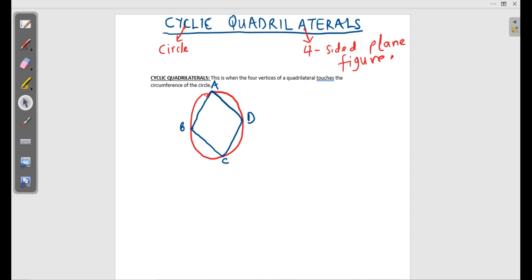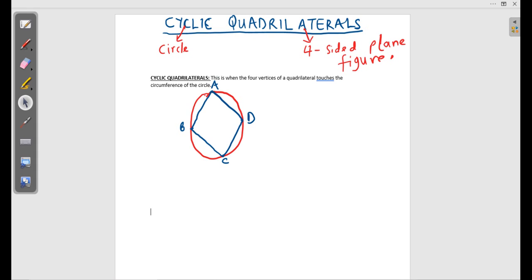So therefore, you can conclude that this is a cyclic quadrilateral. So a cyclic quadrilateral is when the vertices of the four-sided shape touch the circumference of the circle. And under the cyclic quadrilaterals, we're going to look at two theorems.